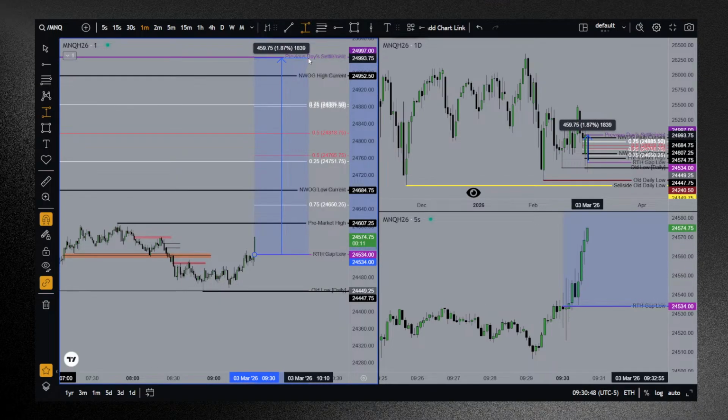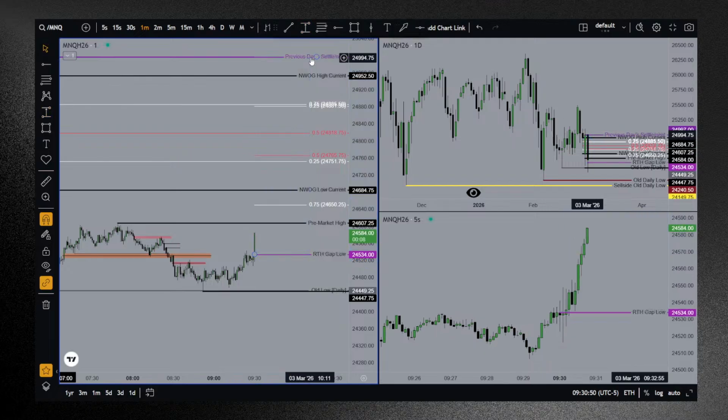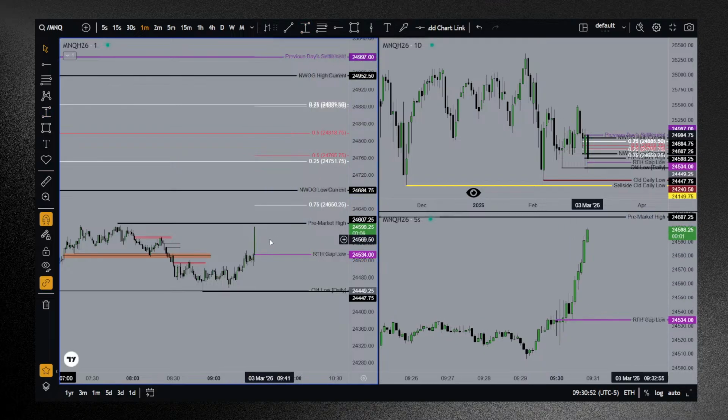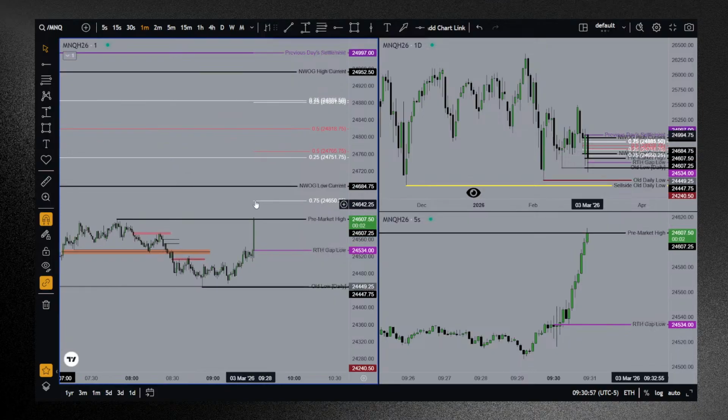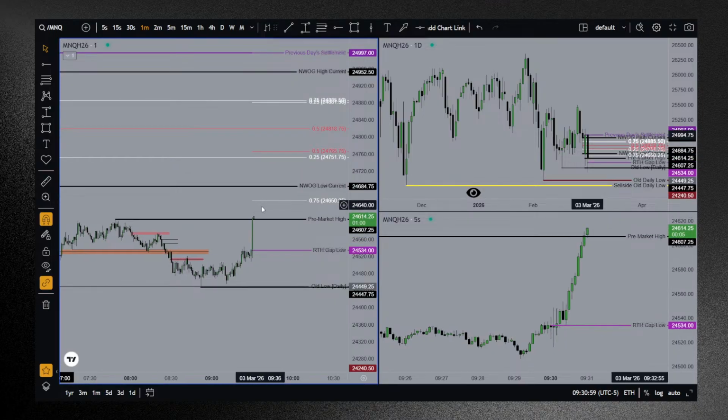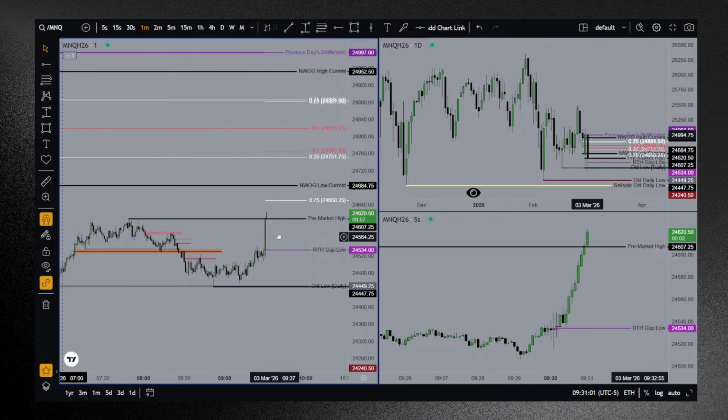In terms of range, it's a 460 handles discount opening range gap. Therefore the pre-market high and the lower quadrant is my go-to expectation initially.